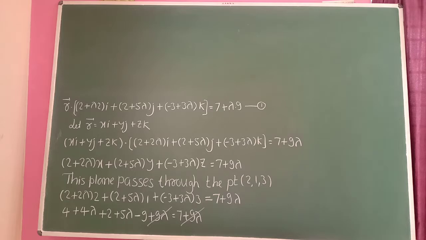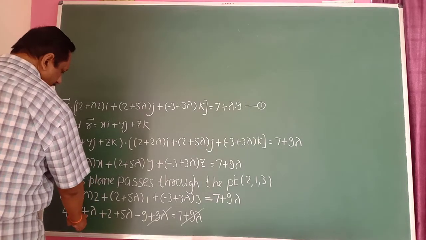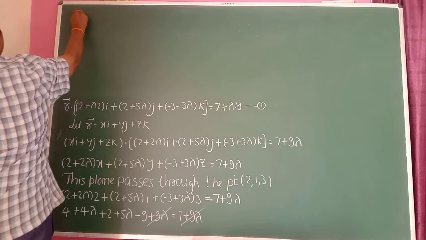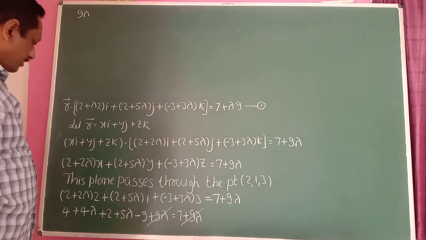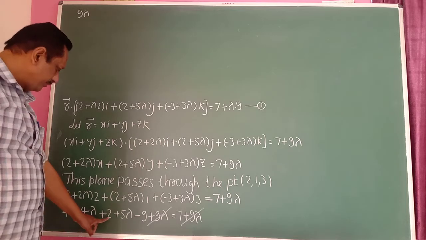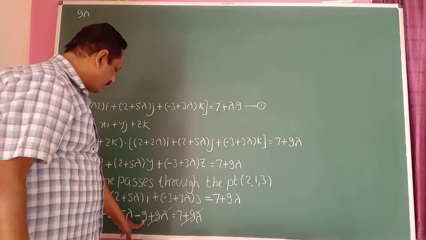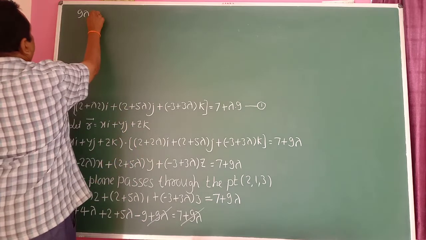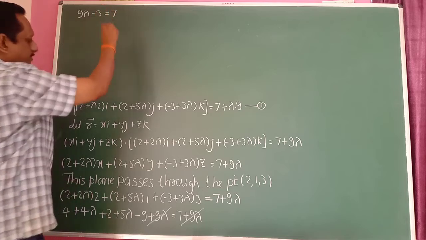Then simplify here. 5 lambda plus 4 lambda is 9 lambda. So right here, 9 lambda. Then 4 plus 2, 6. 6 minus 9, minus 3. So minus 3 is equal to 7.